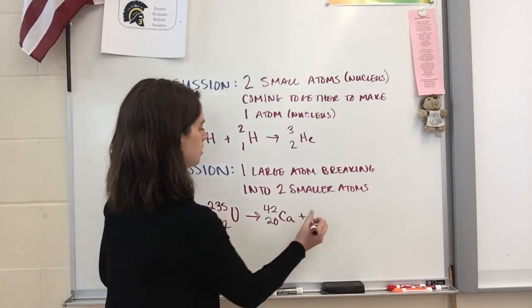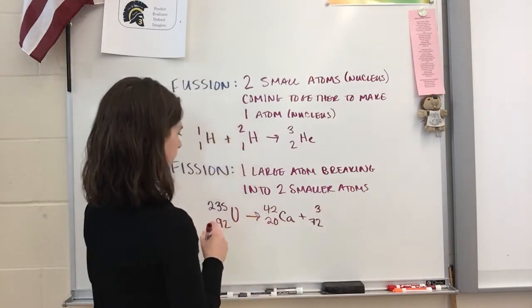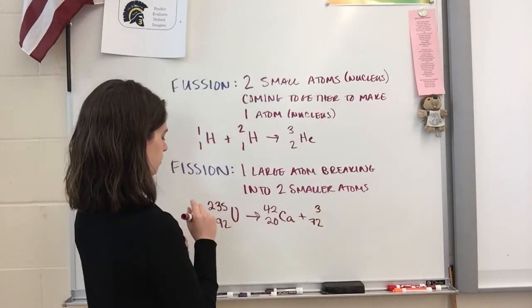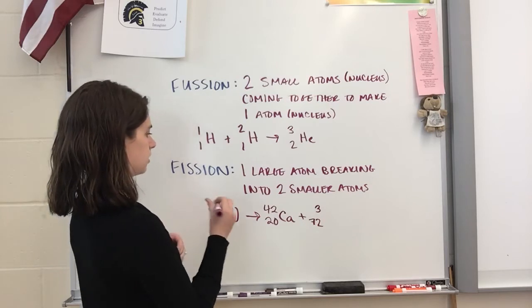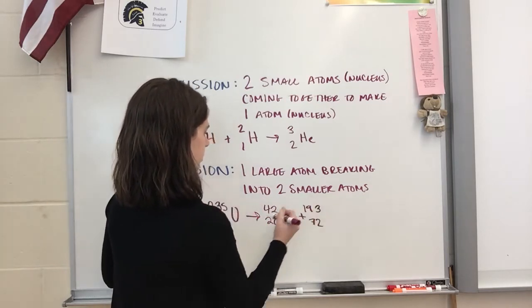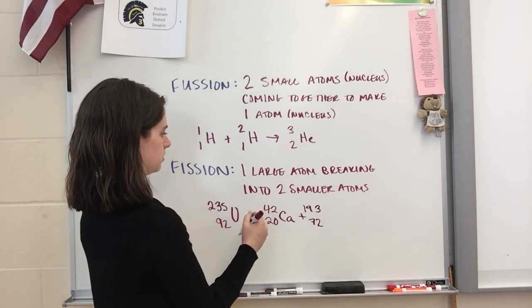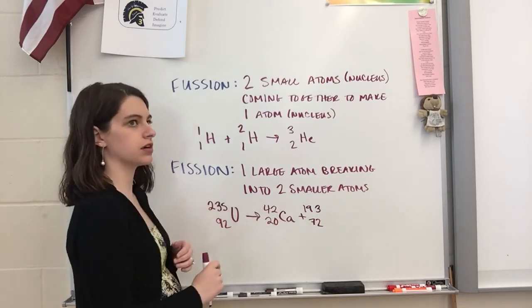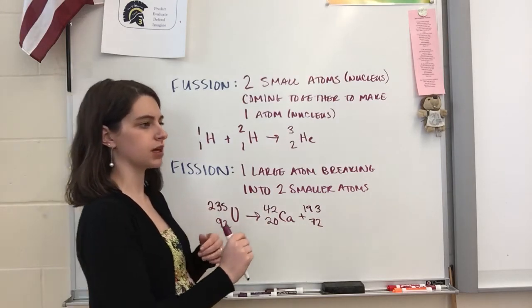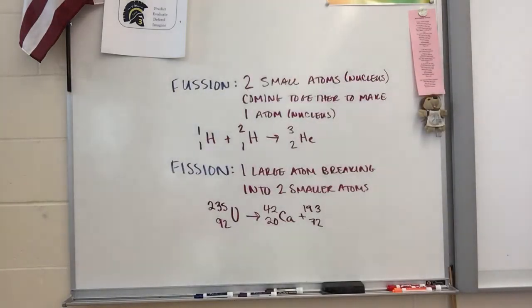It would have a mass of, let's see if I can do math in my head, 235 minus 42 would get me 193, I believe. Yes. And then whatever 72 is, let me go grab my periodic table.